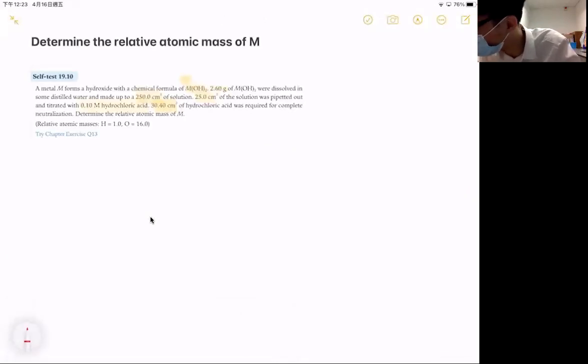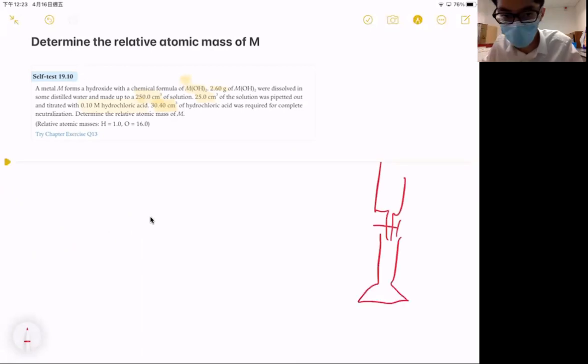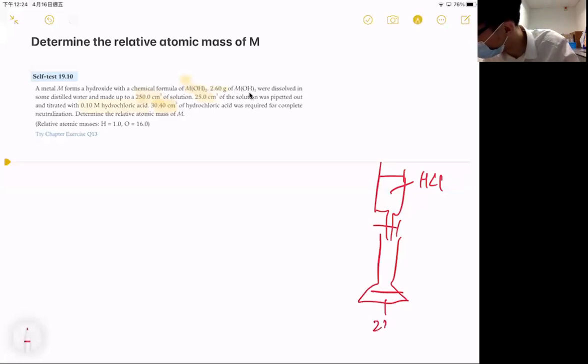Before we do the calculation, first of all, in your mind, you need to have such a diagram. So HCl will be a standard solution, and we withdraw 25 cm cube of the metal hydroxide solution, right? Before we do the calculation, first of all, write down the chemical equation.